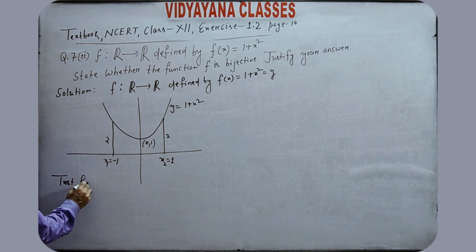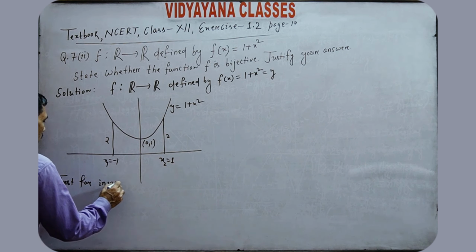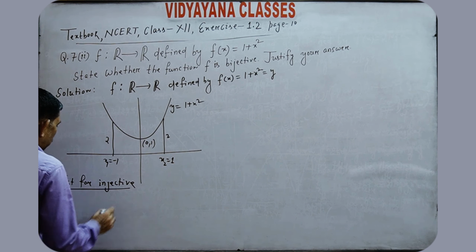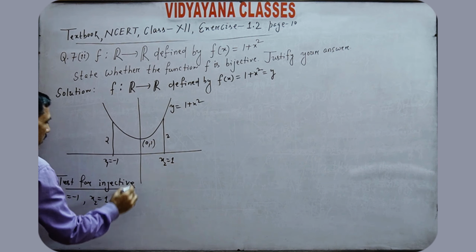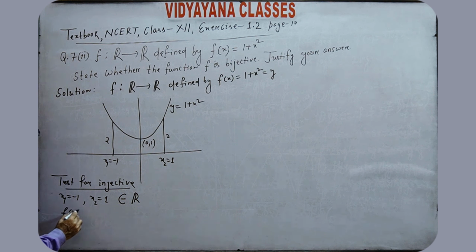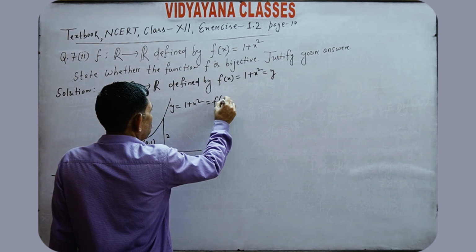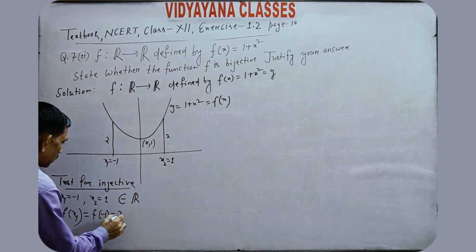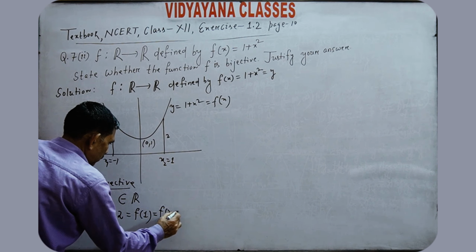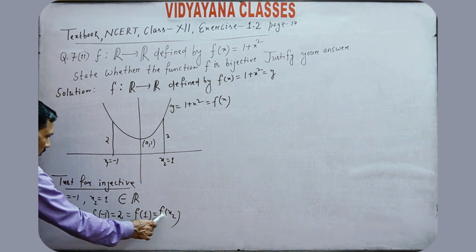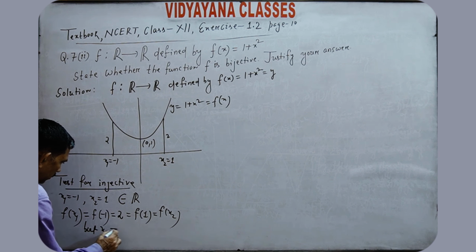Test for injective, that is one-one. x1 is equal to minus 1, x2 is equal to plus 1, belongs to the domain of f that is equal to R. f(x1) is equal to f(minus 1) is equal to 2, which is equal to f(plus 1), that is f(x2). x1, x2 belongs to R, f(x1) equal to f(x2), but x1 not equal to x2.